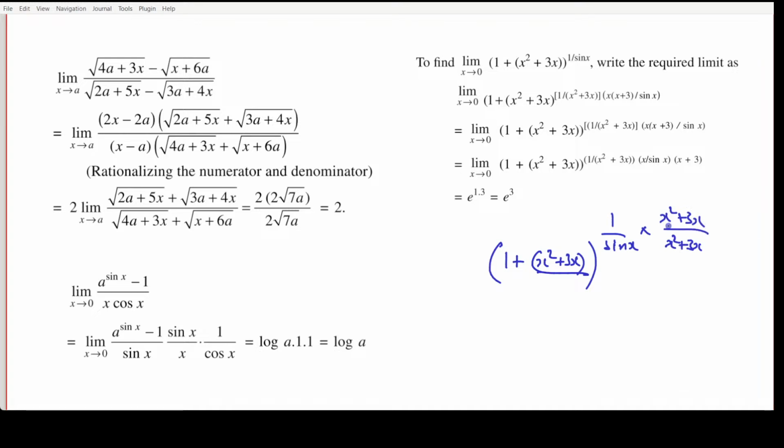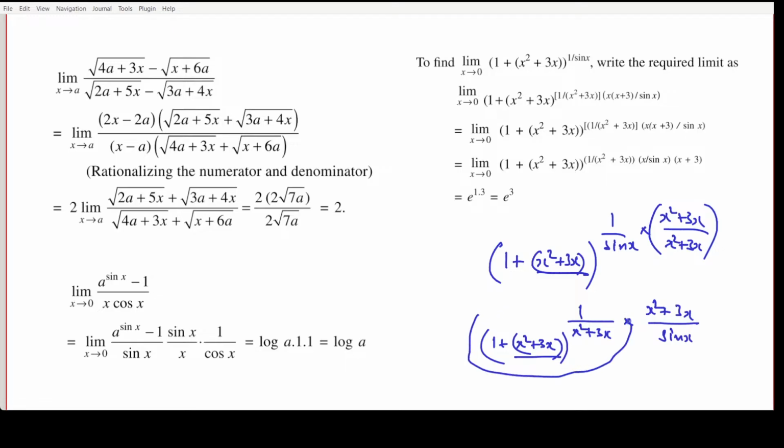Now this becomes 1 plus x squared plus 3x, 1 plus some t whole power 1 by t, times x squared plus 3x by sin x. We can write it like this, right?